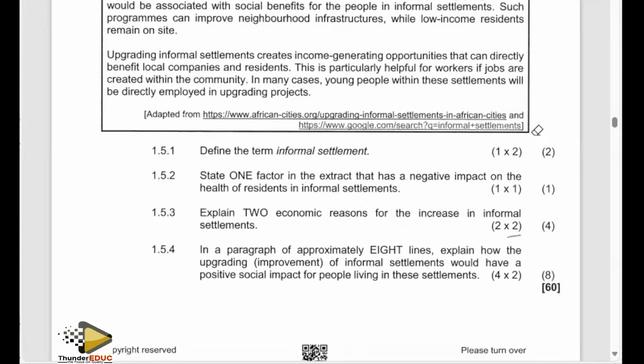You can define it in whatever your understanding, but as long as in that definition, you address the basics of an informal settlement. Right. I would simply define it in simple terms.